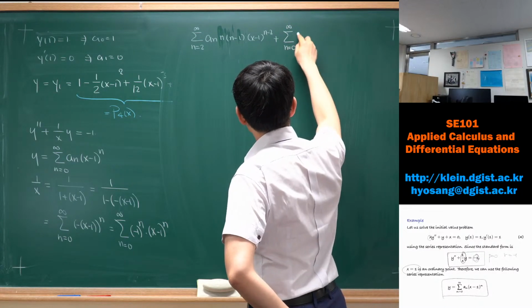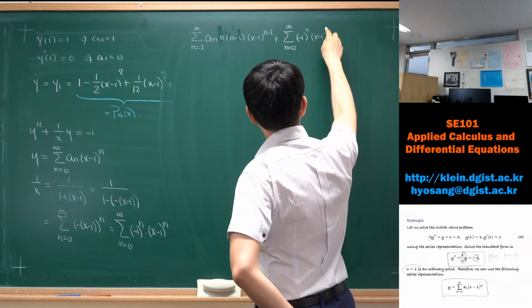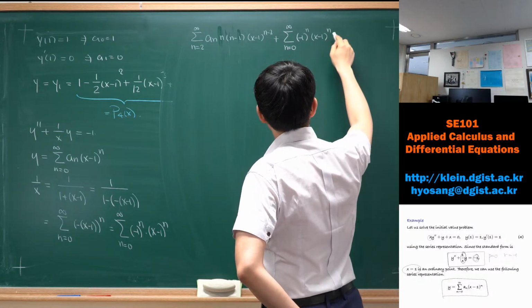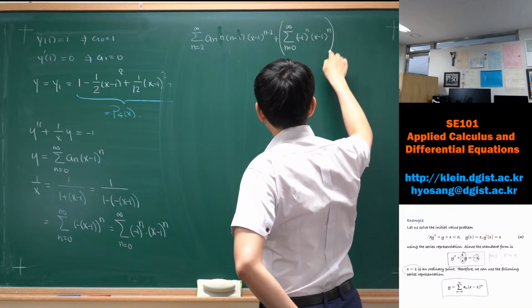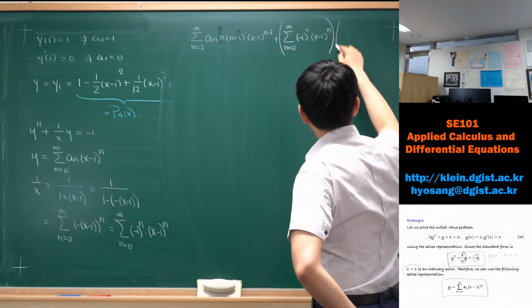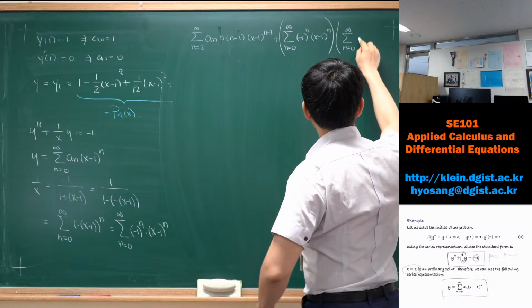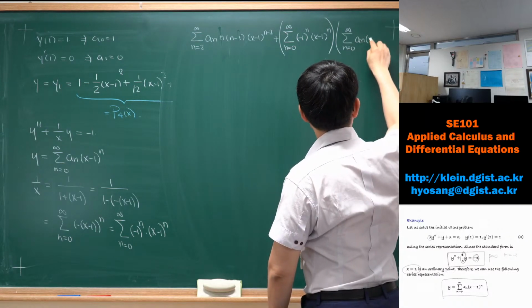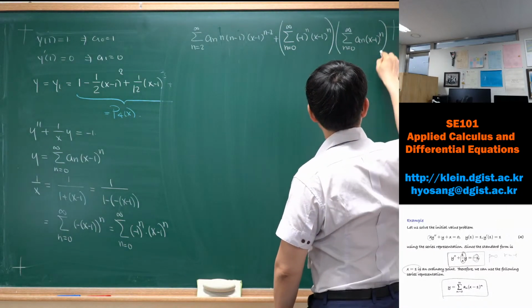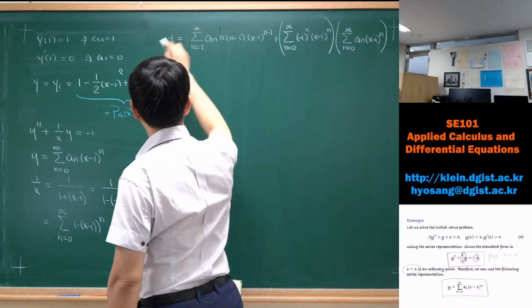So the sum from n equals 0 to infinity of minus 1 to the power of n times x minus 1 to the power of n, times, this is the 1 over x. So this whole thing is 1 over x times the sum from n equals 0 to infinity of a n times x minus 1 to the power of n. And that must be equal to negative 1.